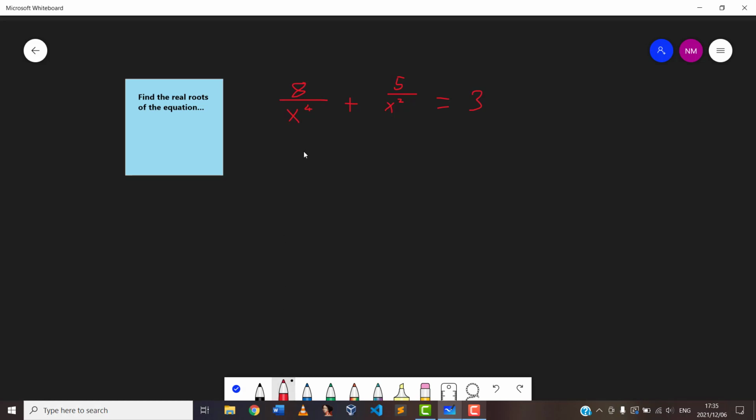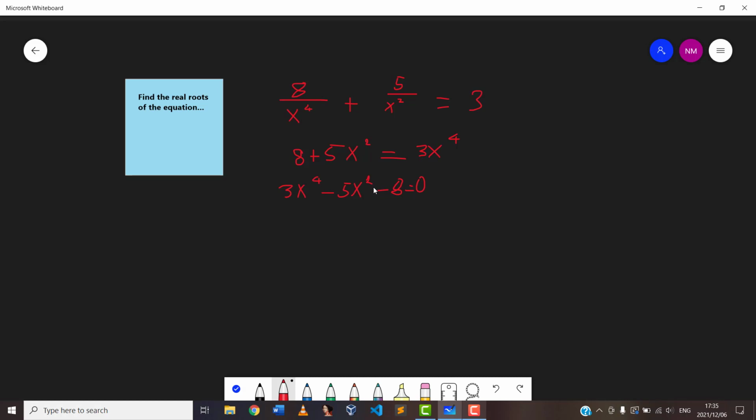So 8 times x to the 4 is just equal to 8, and 5 over x squared times x to the 4 is just equal to 5x squared. And then 3 times x to the 4 is just 3x to the 4. And now let's bring everything to one side.